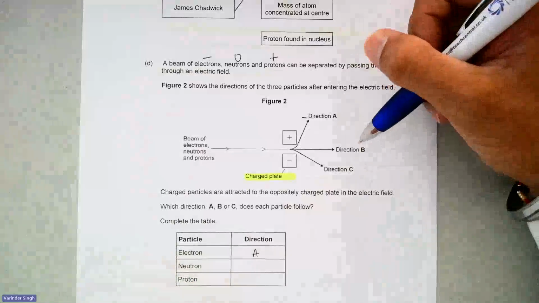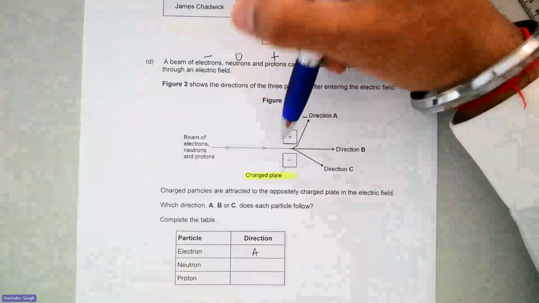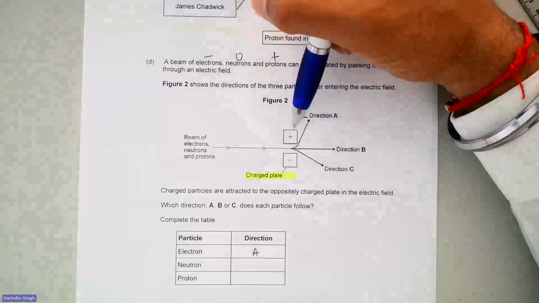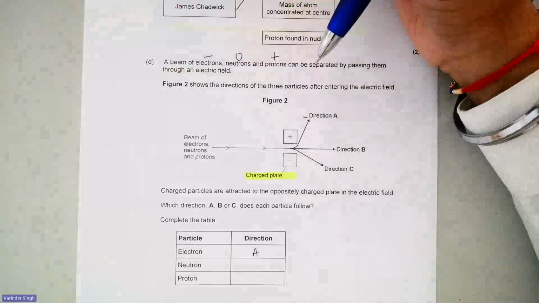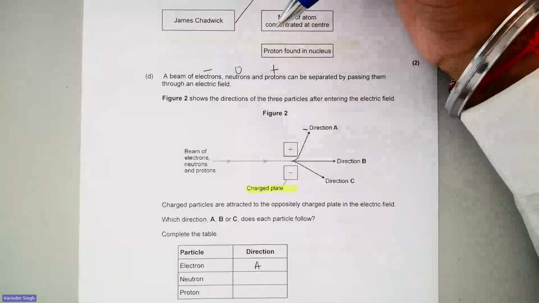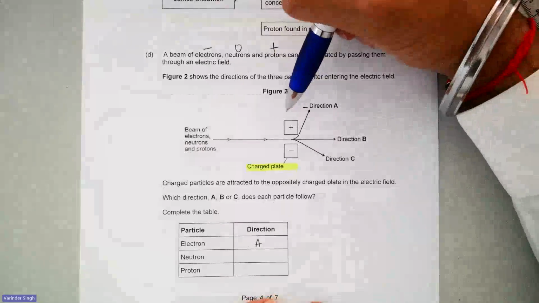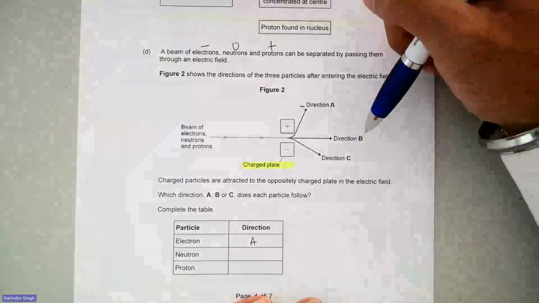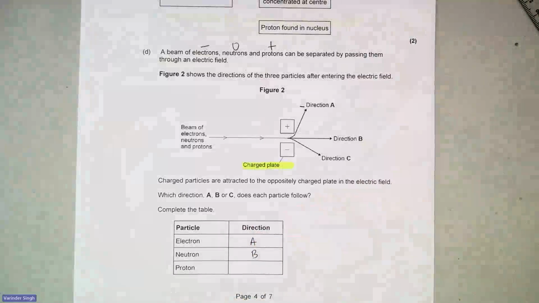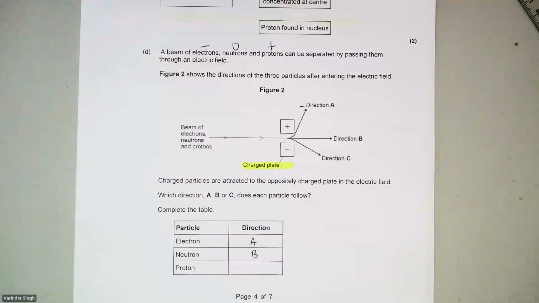What about direction B? Well, the object that's taken direction B is straight through, unaffected, not bothered about positive or negative charges. Well, if we take a look at what we talked about first, neutrons are neutral, so they're not going to be affected by positive or negative charges. So direction B has got to be the neutrons' direction. Okay? Right.